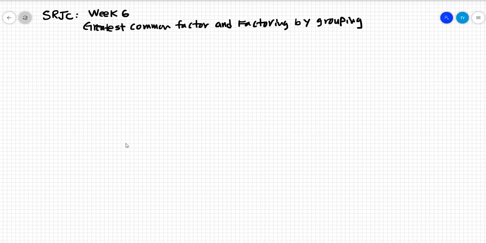For example, you can have many different terms in the polynomial, but if some of the terms share a variable, you can take it out. That's what we call a common factor. If you take out as many common factors as you can, that's going to be the greatest common factor.